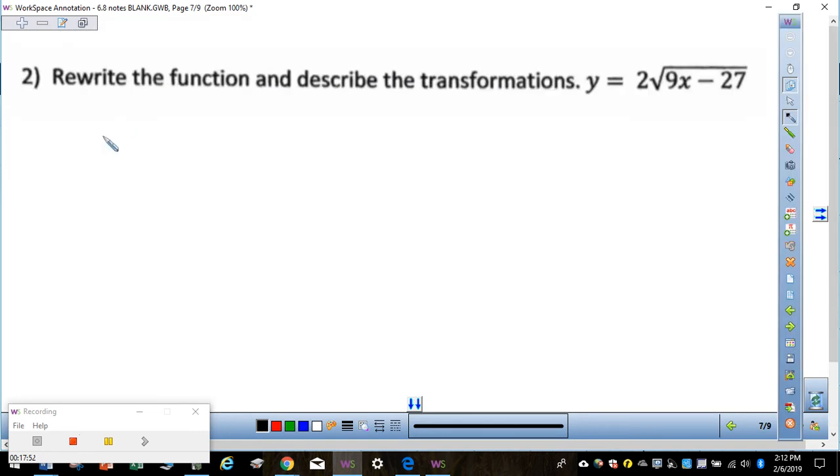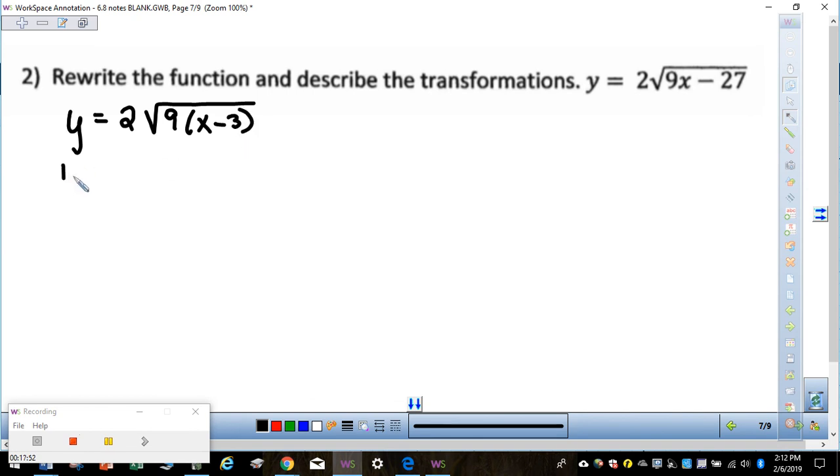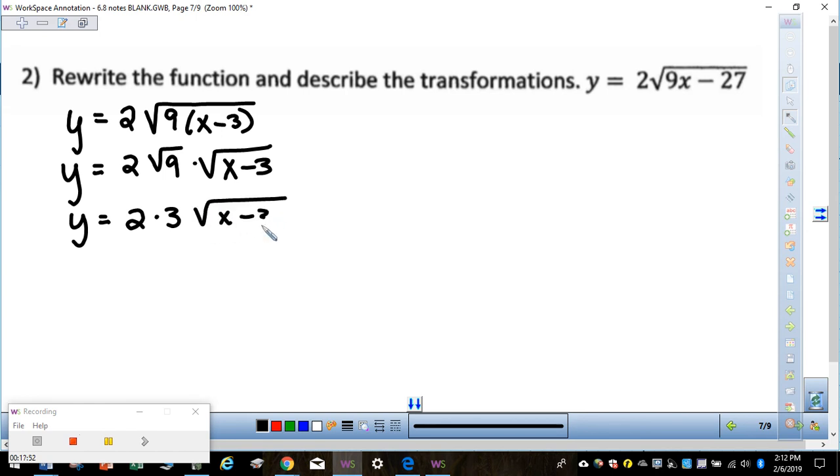Okay, so let's look at a few more. So in this next one, again, we're going to start by rewriting the function and then describe the transformations. So we'll keep the 2 in front. In this one, we can factor out the 9 and then split this up into square root 9 times square root x minus 3. Now the square root of 9 is 3. That's going to be multiplied by the 2 that was already there.